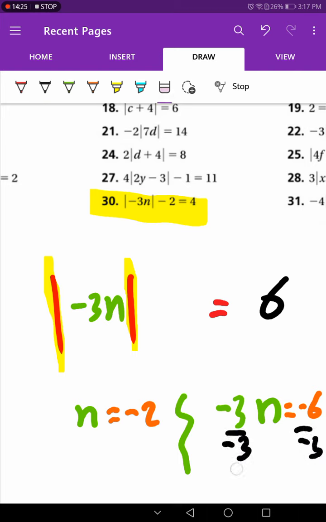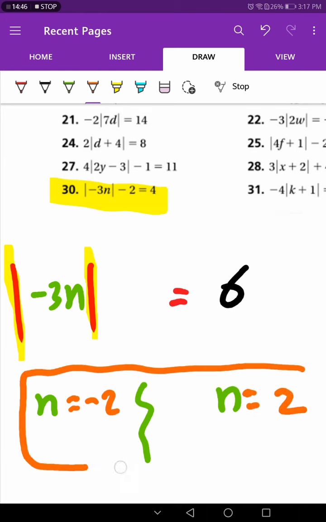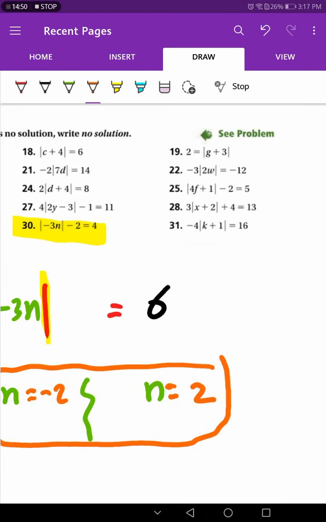So this is eliminated. And 6 divided by 3 is 2, and negative with negative is gone. So it is 2. Okay, my dear student, this is the answer of question number 30.